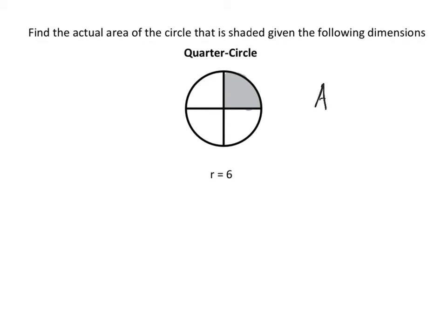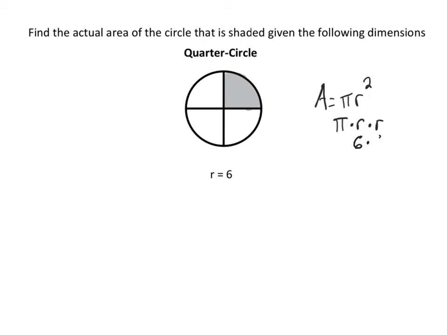That's A equals pi r squared, which really just means pi times r times r. Now, we're given that the radius is 6, as you can see right here. The radius is 6.